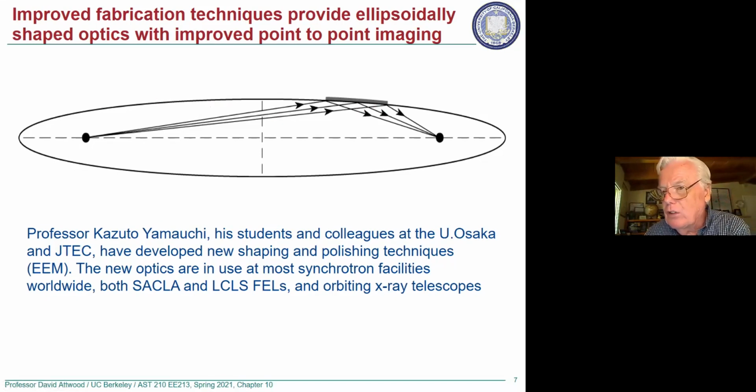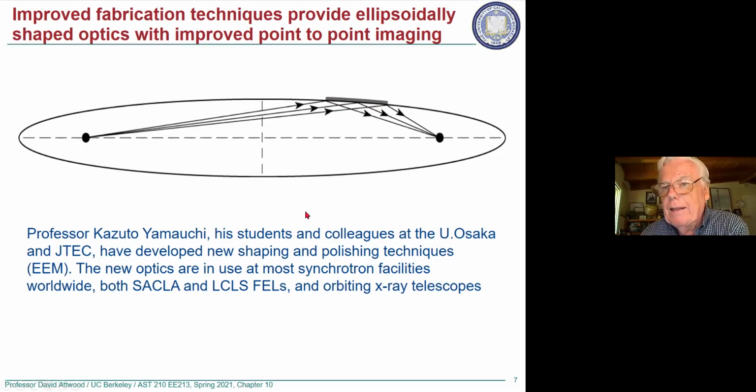It's only in the last, say, 10 years that the team at the University of Osaka has perfected the making of complicated surfaces, which have the figure, that's the word that you use for the shape, but polish out the roughness and minimize the markings from the polishing process, because they use a chemical processing now, not a rub, or rub even with a tool.